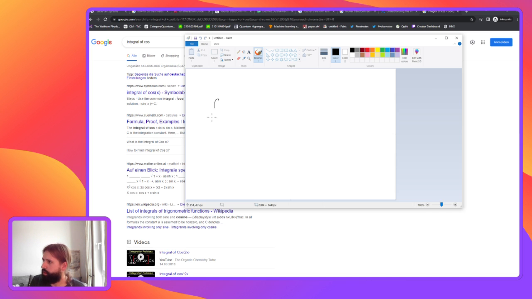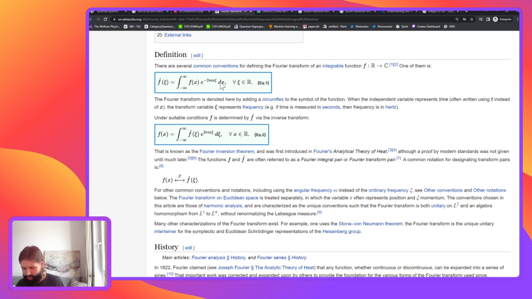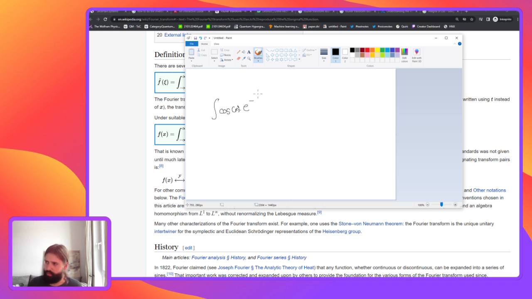that I have the integral of cosine as my function, and then I do this e to the minus 2 pi i x and then whatever the frequencies are, right? If this is just the integral, right?